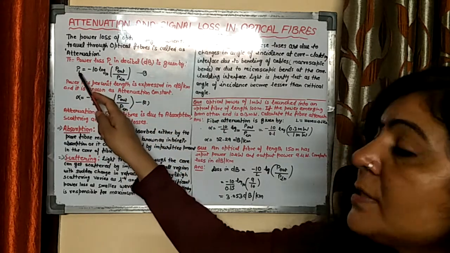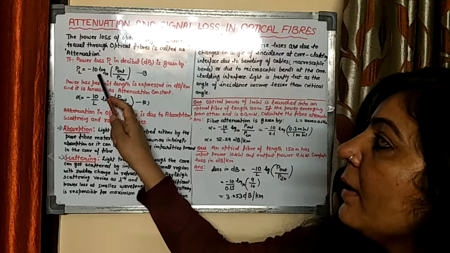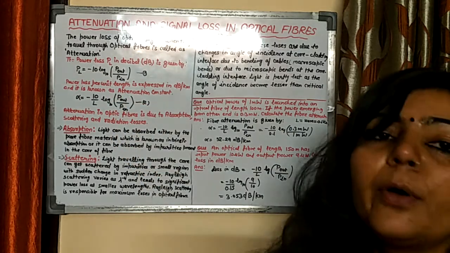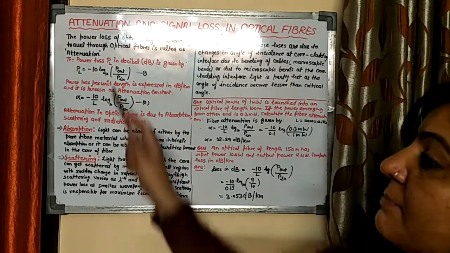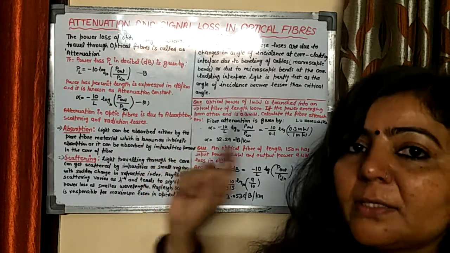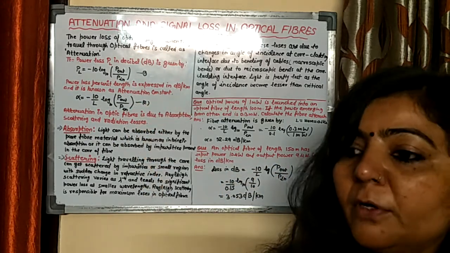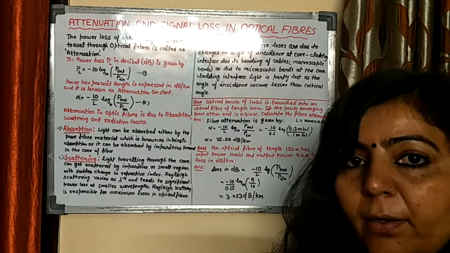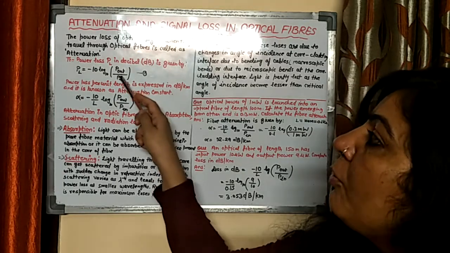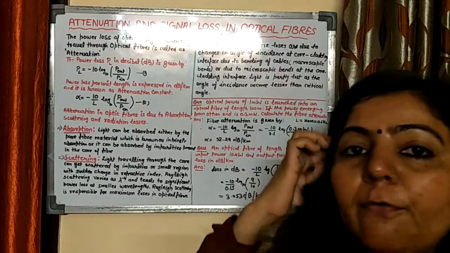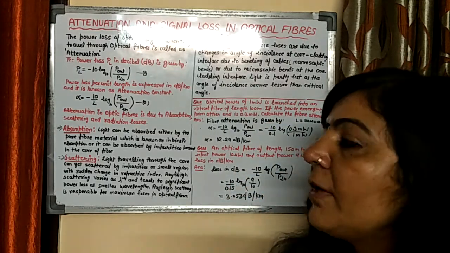So the power loss in decibel is -10 log of output power upon input power. This minus sign signifies loss, and P input is the input power, which is the power at the transmitting end, and the output power is the power of that optical signal at the receiving end.